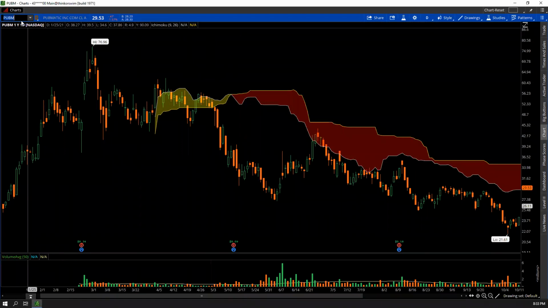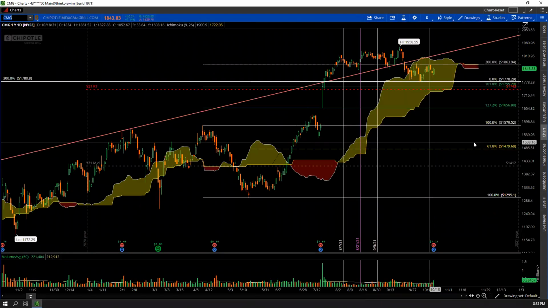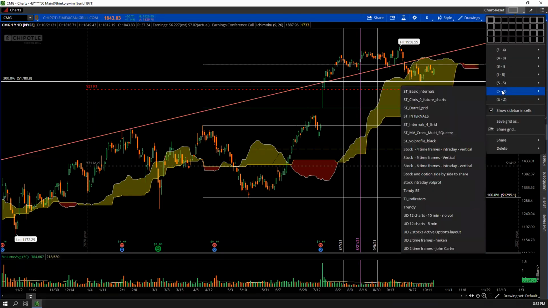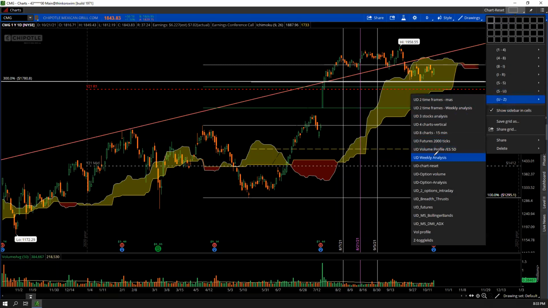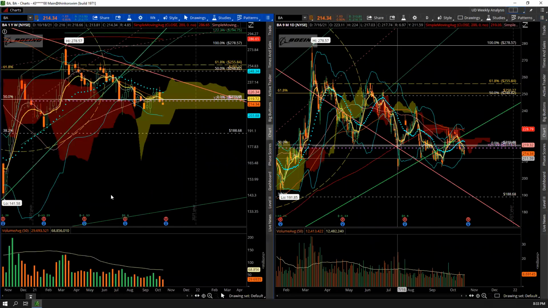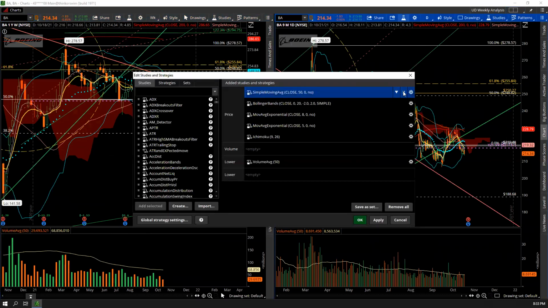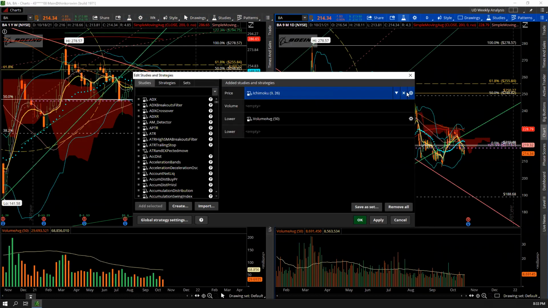Okay, CMG. So what I will do here is split it into two, where I have the clouds, and I will remove all the mess. We don't want all that mess, just the Ichimoku part of it.